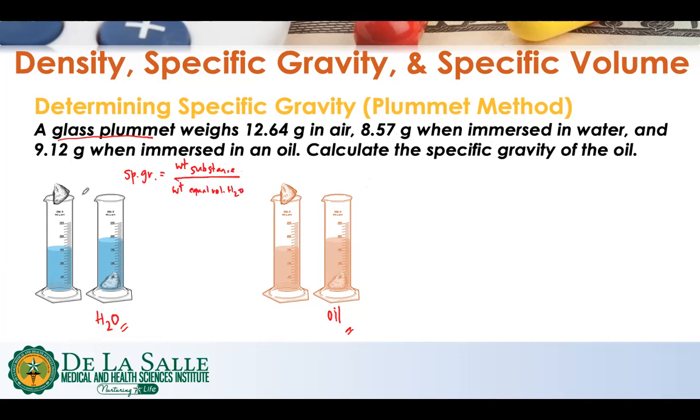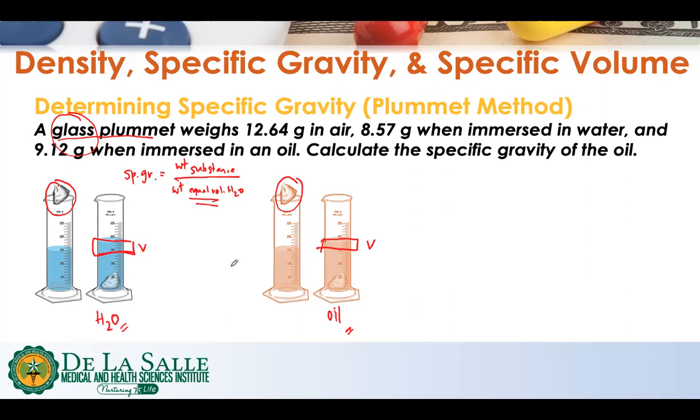Now, because we use the same plummet in both cases, let us suppose this rock represents our glass plummet. Because we are using the same glass plummet on both occasions, then we are sure that the volume displaced in water and the volume displaced in oil will have the same volume.